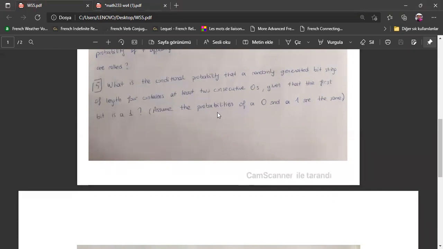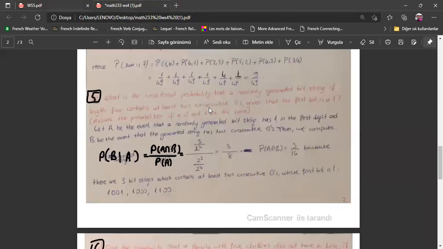We assume also that the probabilities of having 0 or 1 are the same, okay? So, okay. Now, what's the conditional probability? If we say, so let A be the event that a randomly generated bit string has 1 in the first digit. So this is the assumption. This is the condition we want here. So we have this A there.